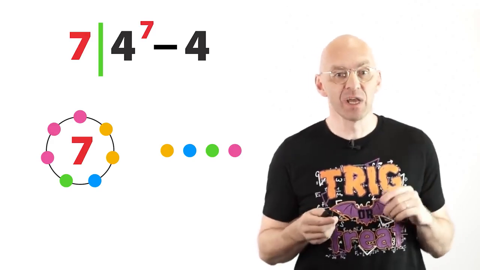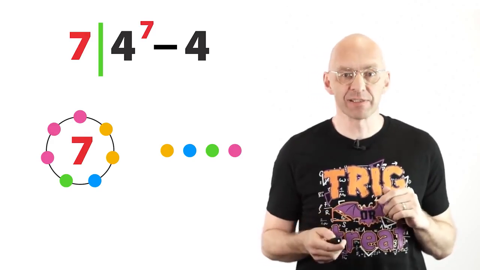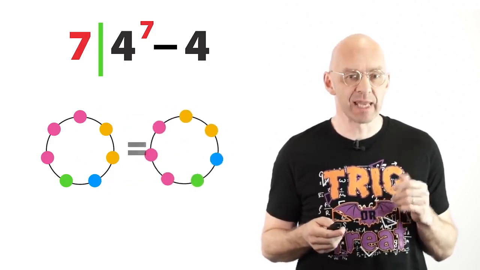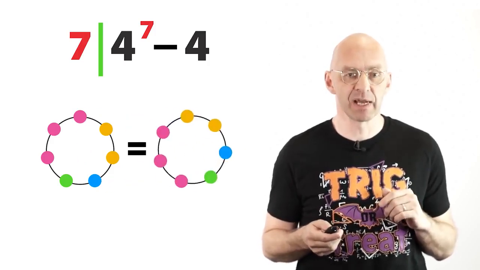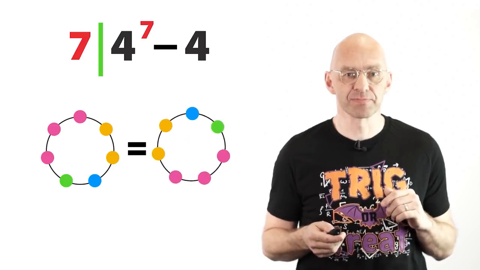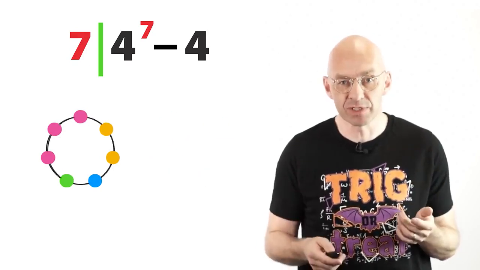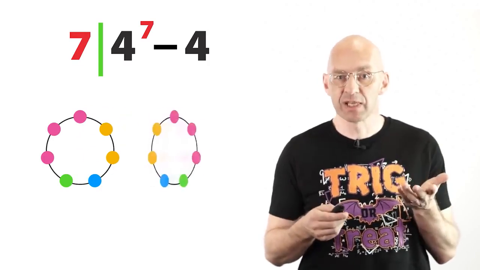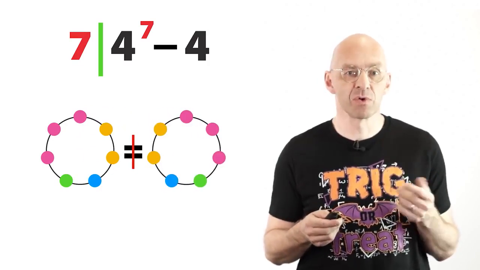Also important, we consider rotated versions of a necklace to count as one and the same necklace, okay? So all of these guys here, they're all the same necklace. However, we consider 2 necklaces that are mirror images to be different as long as they cannot be rotated to coincide, okay?